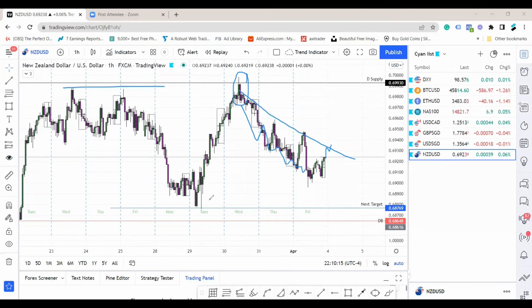The target is this blue line. The price might just go down, hit my expected target, which I will not have a short there because I only want to short if the price goes up here to unlock this trap order. This is the area I want to short if the price goes up there, and then take a short here, take my profit here, and look for a long here.